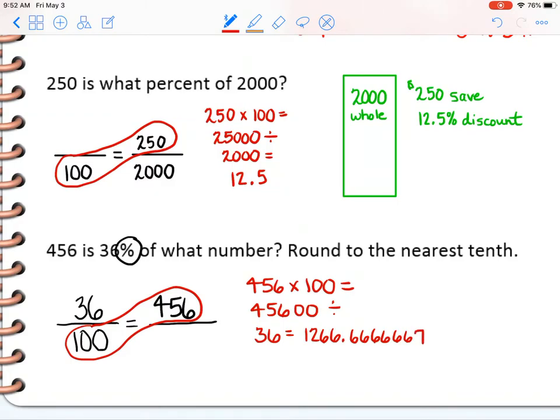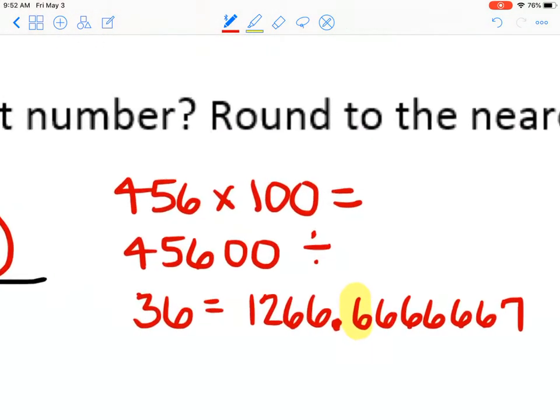Okay, this tells us to round to the nearest tenth, and that's the first decimal place. So that's the first thing I want to do, figure out where the tenths place is. And let me zoom in here so you can really see what I'm doing.